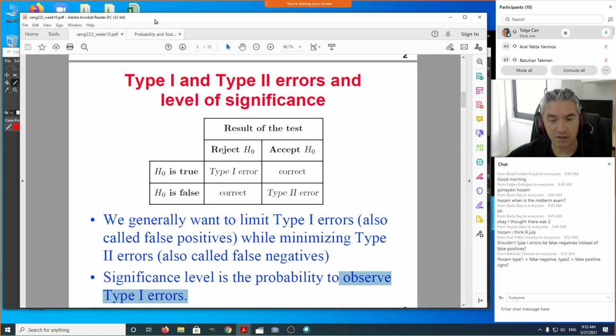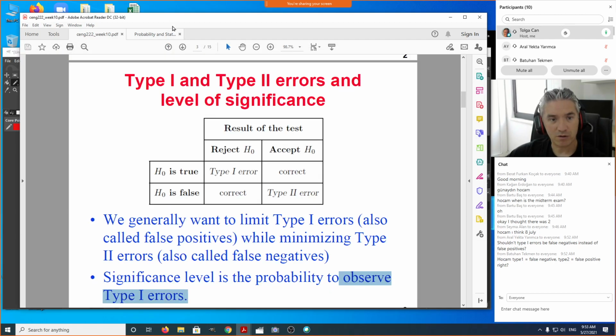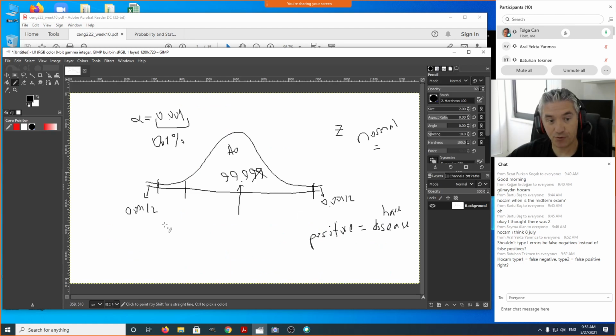So here, type 1 error is a false positive. If you look at the type 1 error, we reject the null hypothesis. We call that person sick.